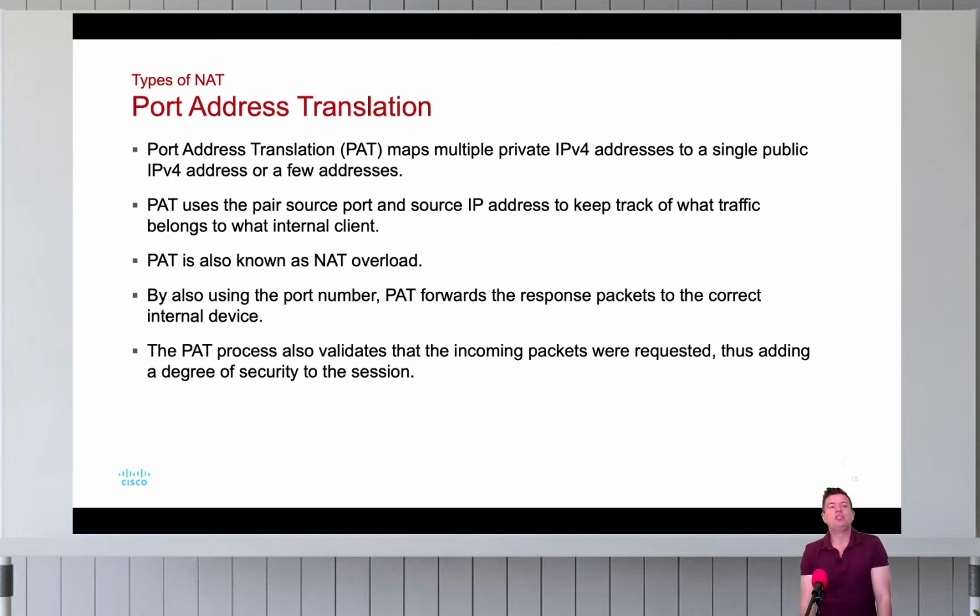That brings us to port address translation, also referred to as PAT. Now, this is most probably what most people think of when they think of NAT, because port address translation is quite literally what most of us are talking about when we're talking about NAT.